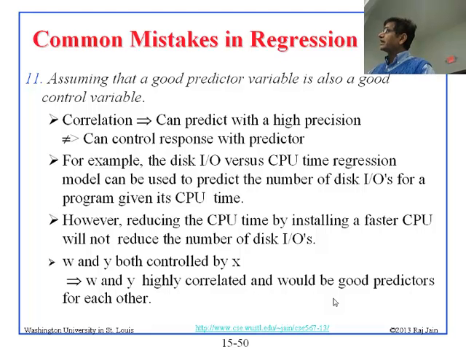So in the disk I/O versus CPU time regression, disk I/O can predict CPU time, but you cannot just change the disk I/O to change the CPU time. And we had given lots of other examples when we talked about correlation before. A good predictor only means that it has a good correlation. That does not mean that it can be controlled. And it could be because you have a relationship with a third variable.